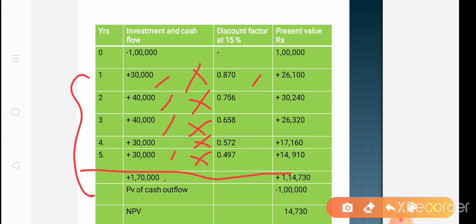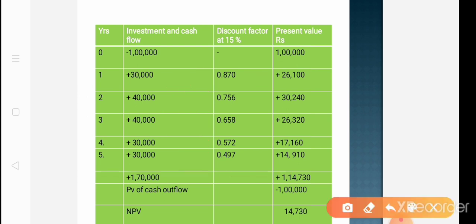Then after that, you want to add all the inflows' present value. We do not take the investment amount here. We are only adding all the inflows' present value. Then you will get 1,14,730 here.